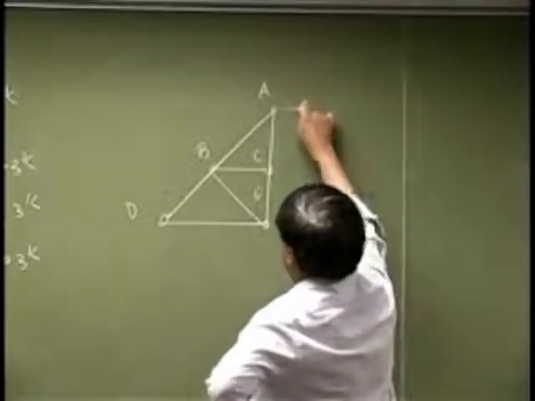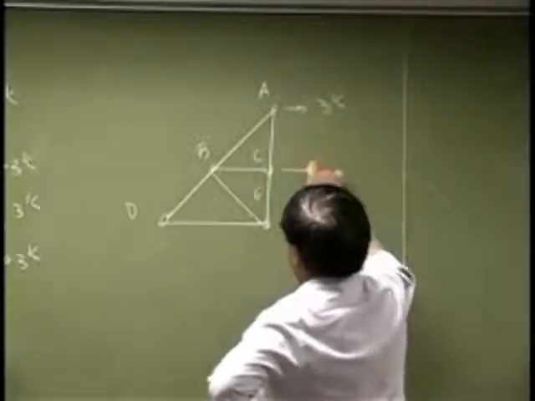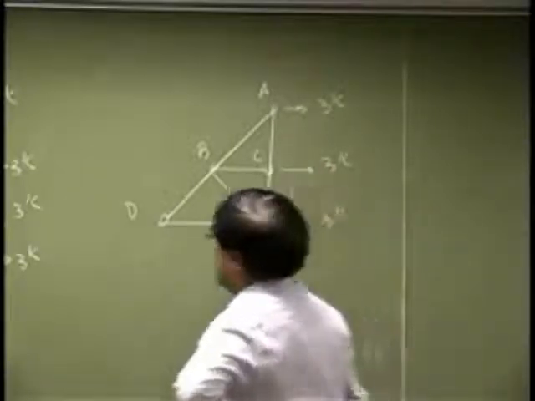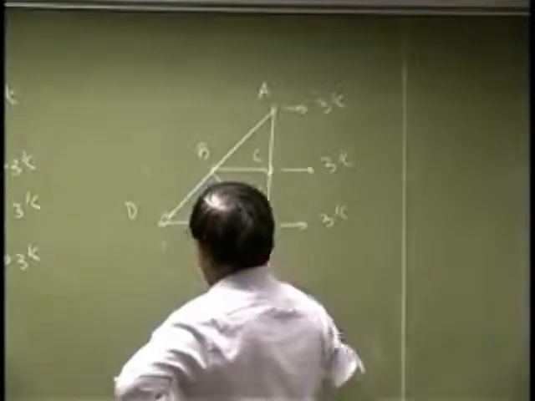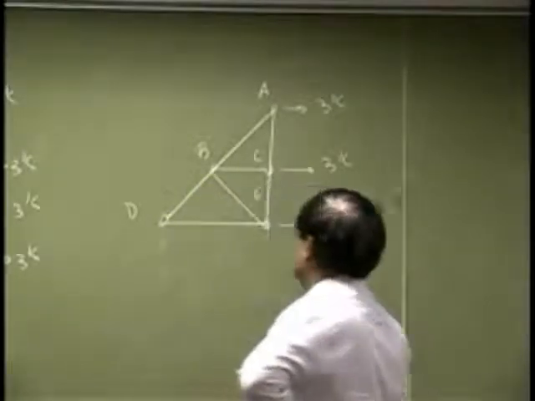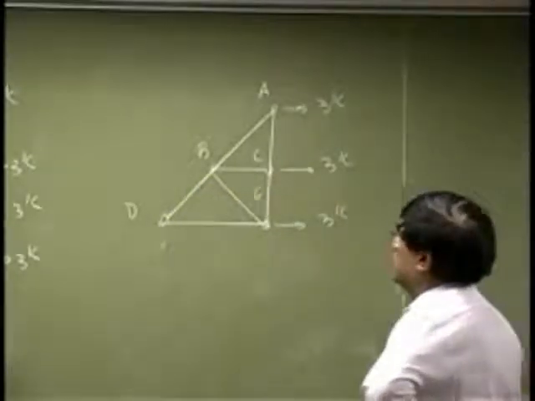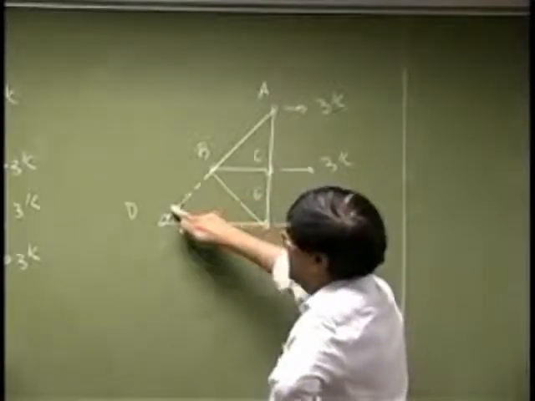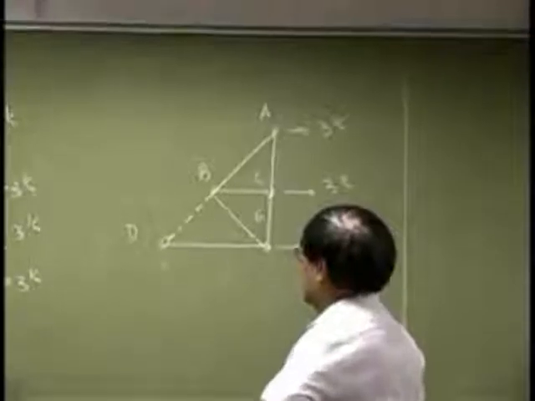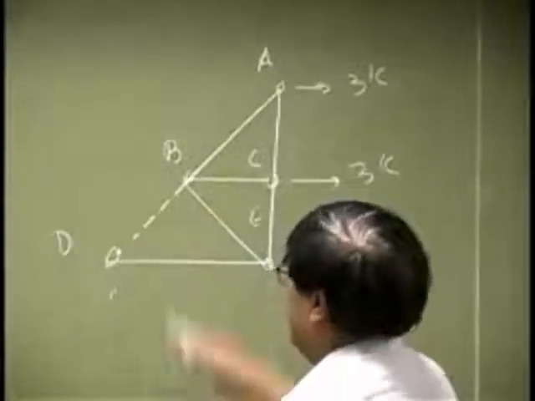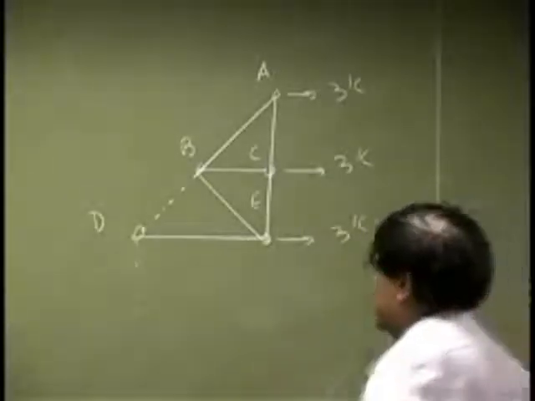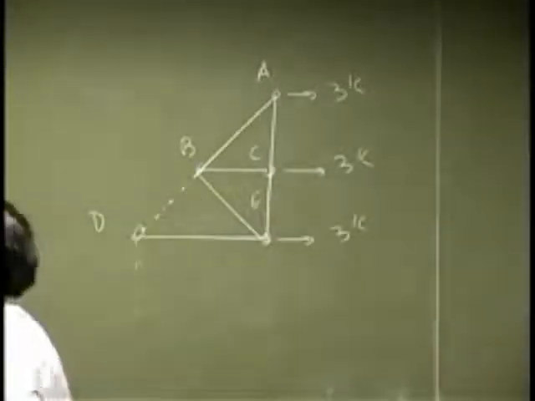We have force here, 3 kips, force here, 3 kips, another force here, 3 kips. And then you have the bottom part here. Now, you're saying that this member is not there. So if that member is not there, we have to remove it. In place of that, we need to place a force.